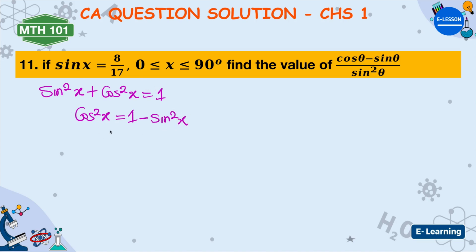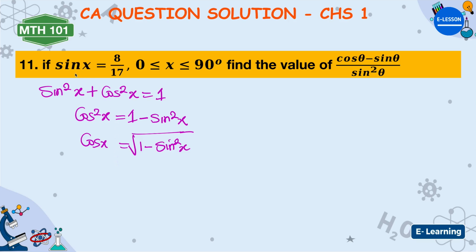To find cos x only, find the square root of both sides. The square root of what we have here will remain cos x. Then the square root of this gives us the square root of 1 minus sine squared x. So cos x is equal to the square root of 1 minus sine squared x. Is that okay, my dear student?